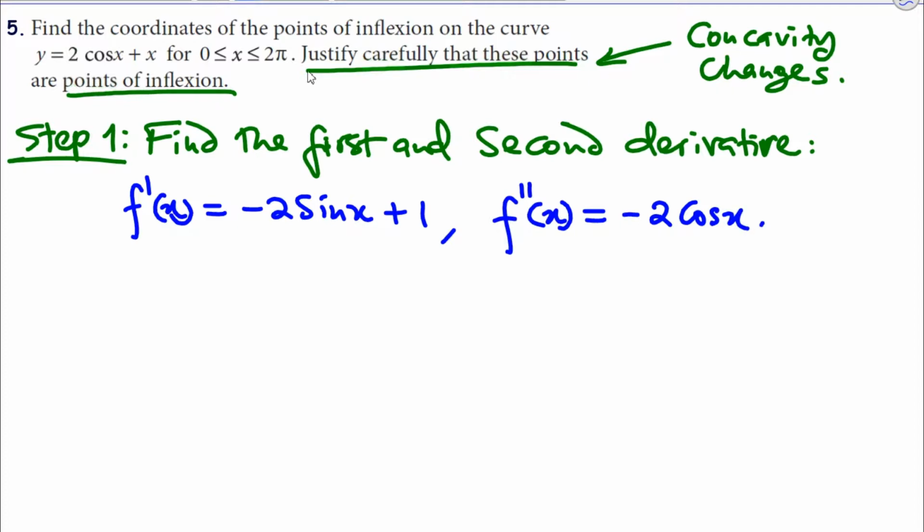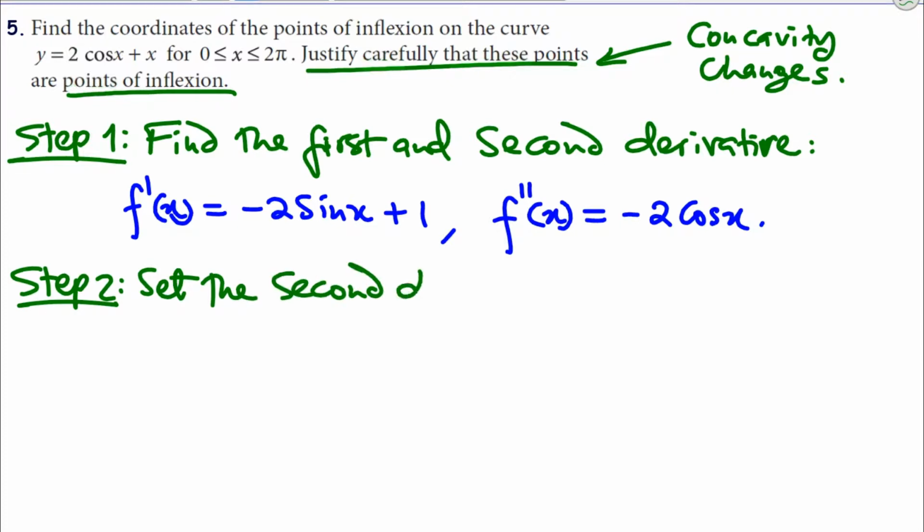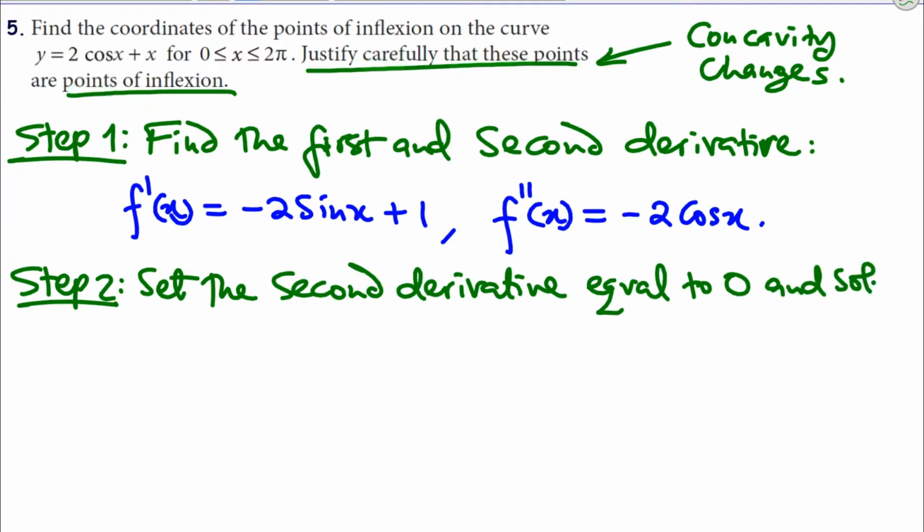Step 2, we need to set the second derivative equal to 0 and solve for the potential inflection point.